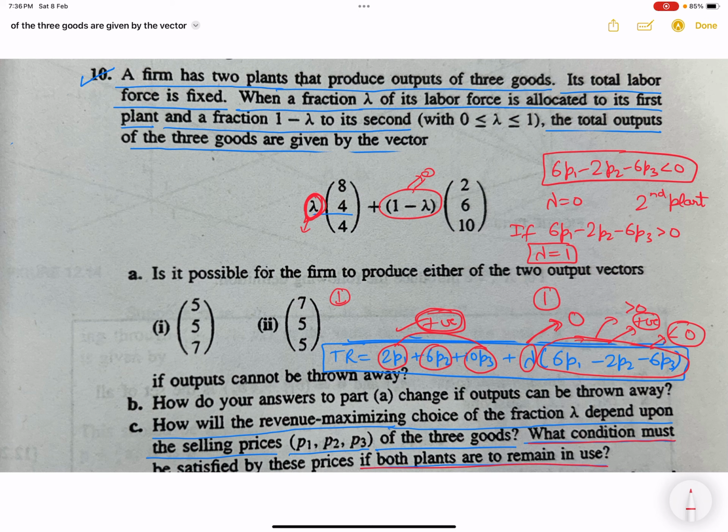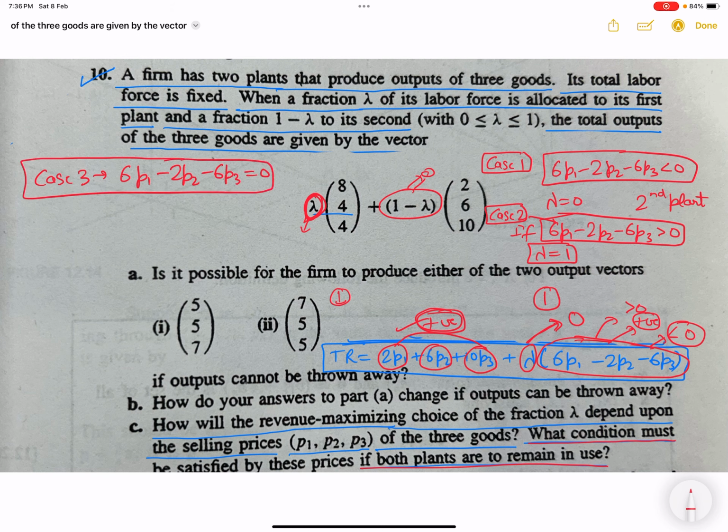So we have taken two cases. Case 1, when this expression was less than 0, and case 2, when this is greater than 0. And lastly case 3, where 6p1 minus 2p2 minus 6p3 is exactly equal to 0.